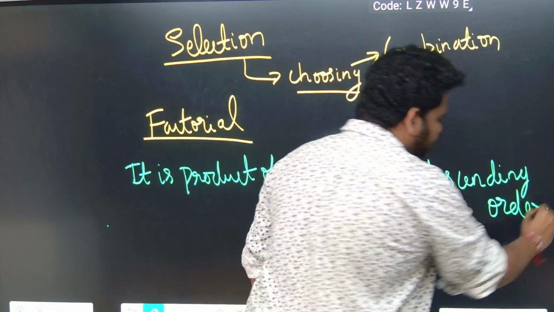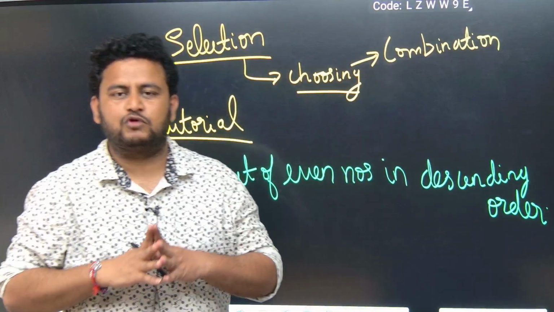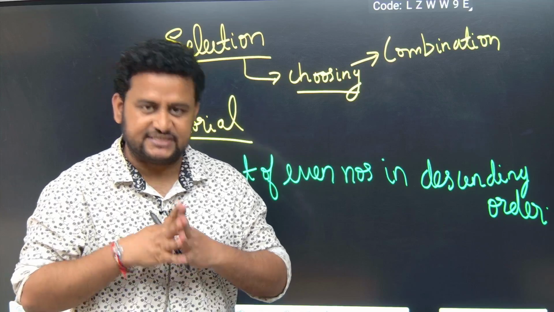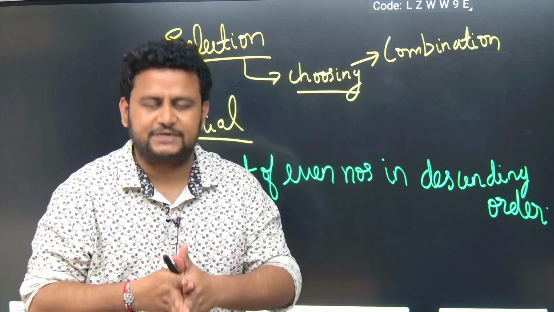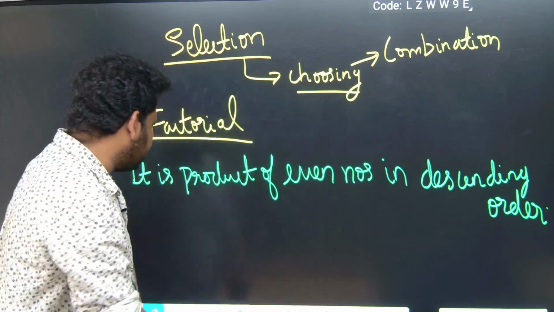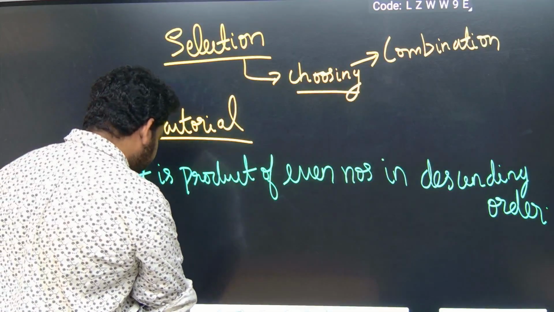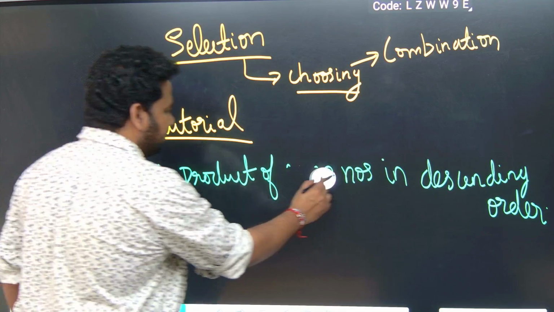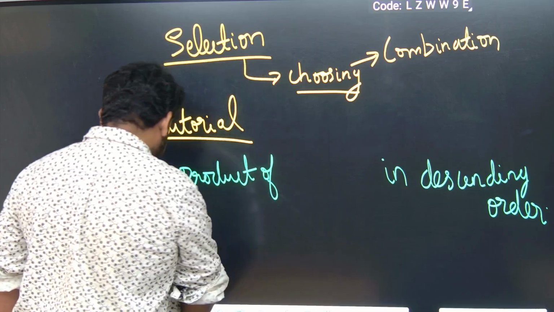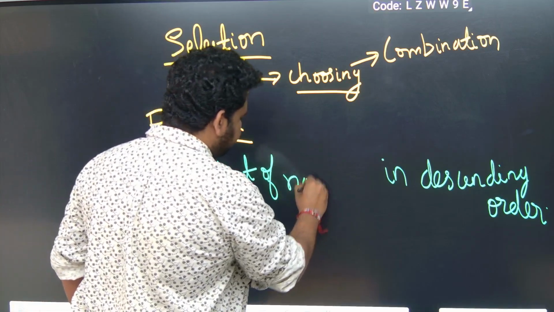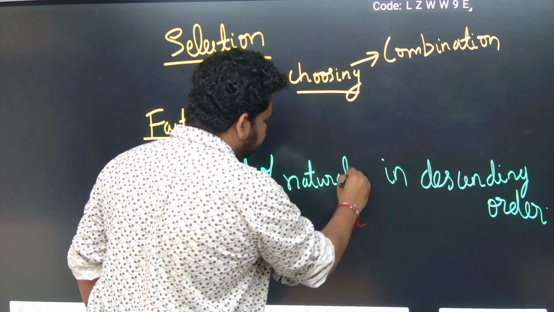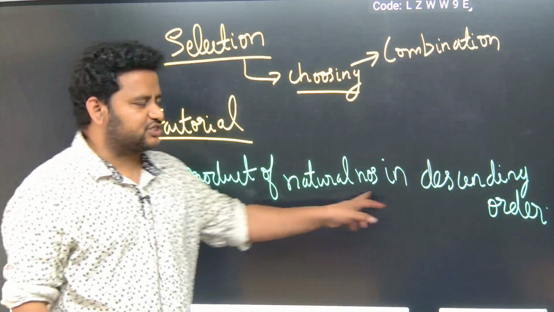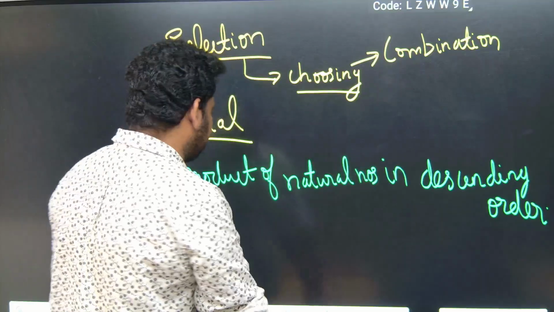If I ask you what is the most important keyword to focus on when I talk about factorial, you may say it is descending order, but actually the most important keyword here is natural numbers. The product of not even numbers, it should be natural numbers. There is a mistake here. Make a correction. It is the product of natural numbers in descending order. That is the factorial.